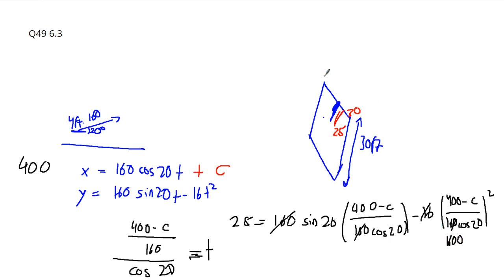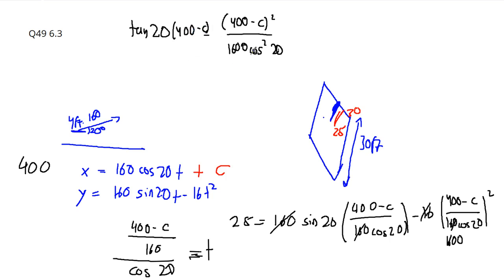So now it'll be 400 minus c squared over 1600 cosine squared of 20, minus just regular 400 minus c, so tan of 20, and then times 400 minus c.